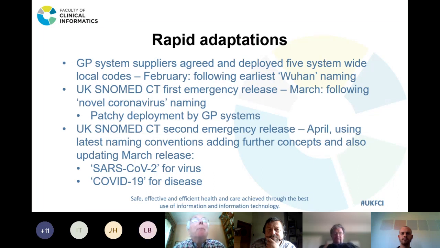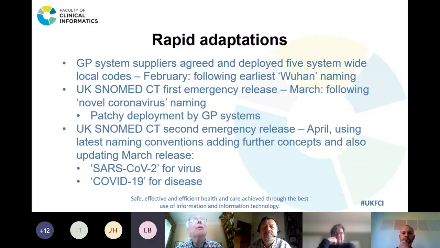And at pretty much the same time, unprecedented, NHS Digital UK Terminology was also working very hard to produce an emergency release, which followed shortly after that. They were able to take account of the fact that Wuhan was a bad name, so they used the name novel coronavirus. Well, that's great, except of course it meant that the first naming convention was now out of sync with the new one.